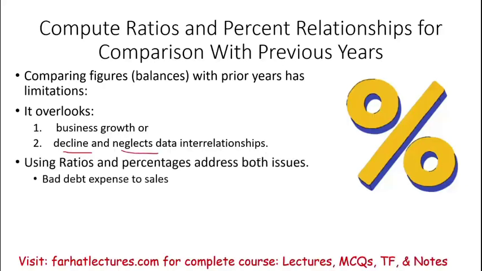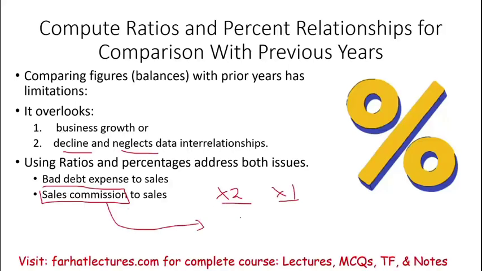Let me show you an example. Let's take a look at sales commission. I would rather use the sales commission as an example. So let's assume you're looking at year X2 and year X1, comparing sales commission. We're looking at the balances here, and I'm going to make it simple. In year 1, the sales commission was 10,000. In year 2, sales commission was 50,000.